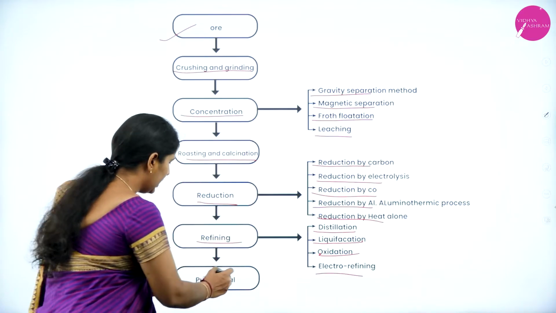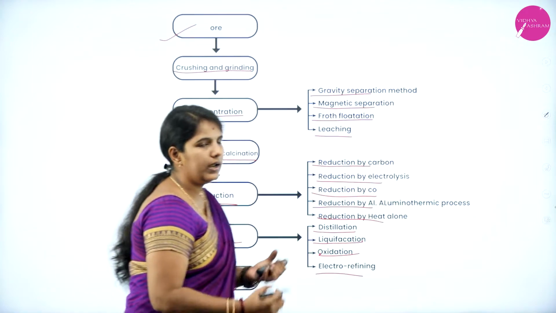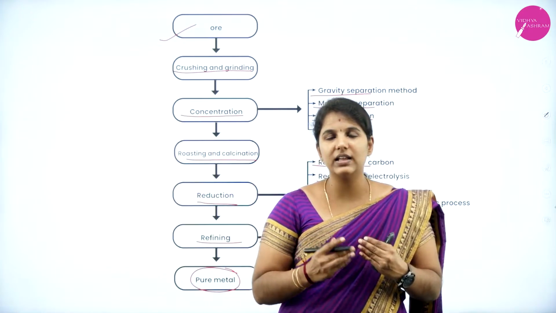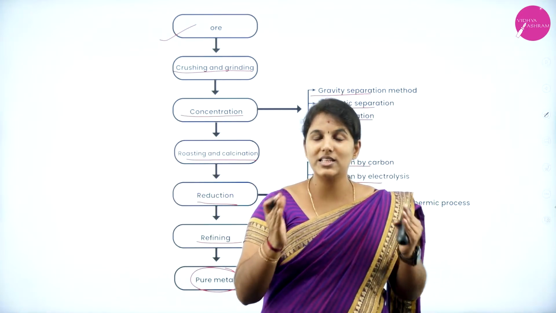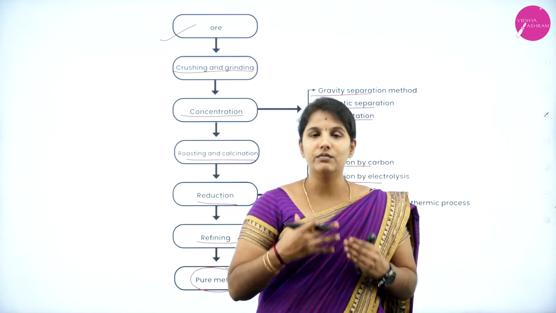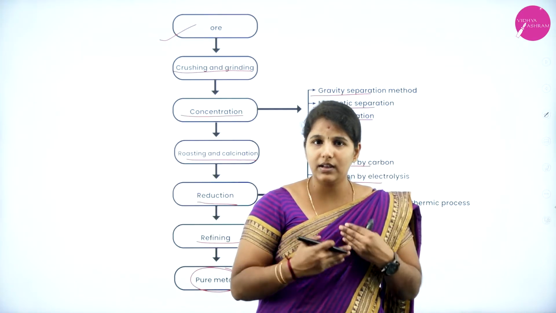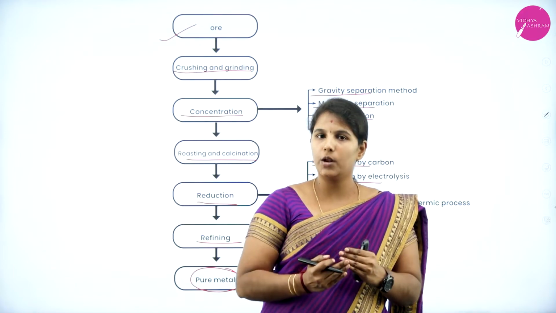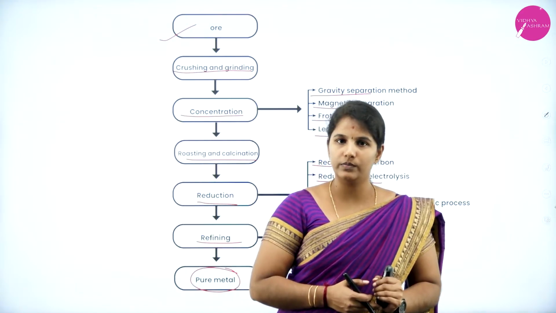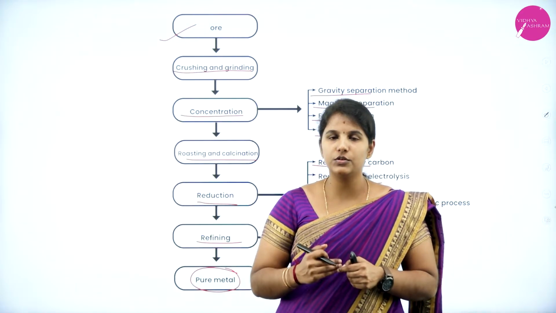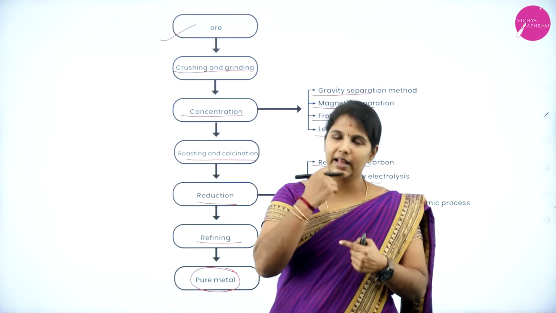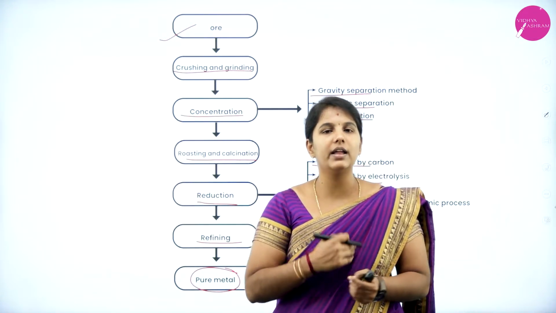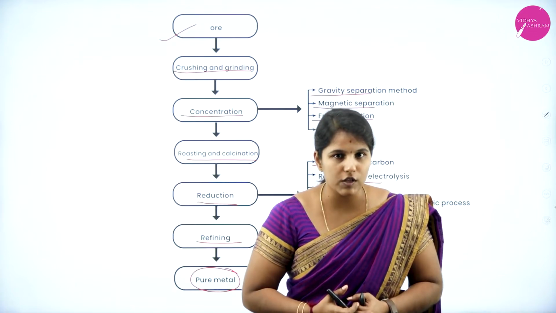And finally, we obtain a pure metal. So these are the steps, the general flow chart which we follow in metallurgy to obtain the pure metal from its ore. First we take the ore, then we do the crushing and grinding, then we follow the concentration.